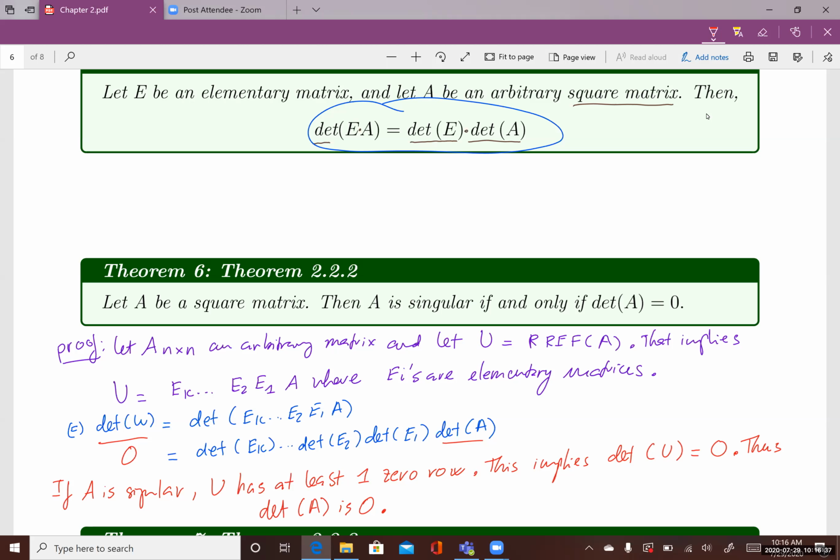So you can show a matrix is non-singular if and only if its determinant is non-zero.